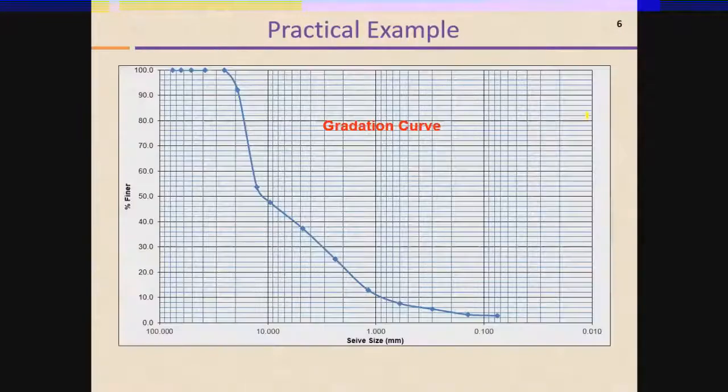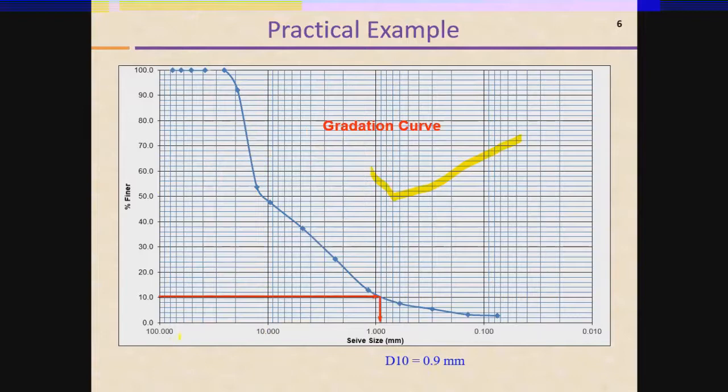Now guys, let us perform a practical example. It is the same graph which I plotted in one of my previous videos. You can watch it. The gradation analysis of soil and the Excel calculations is the title of the practical. From this graph, let me practically find the values of D10, D30 and D60. The value of D10 from this particular graph is 0.9 millimeter.